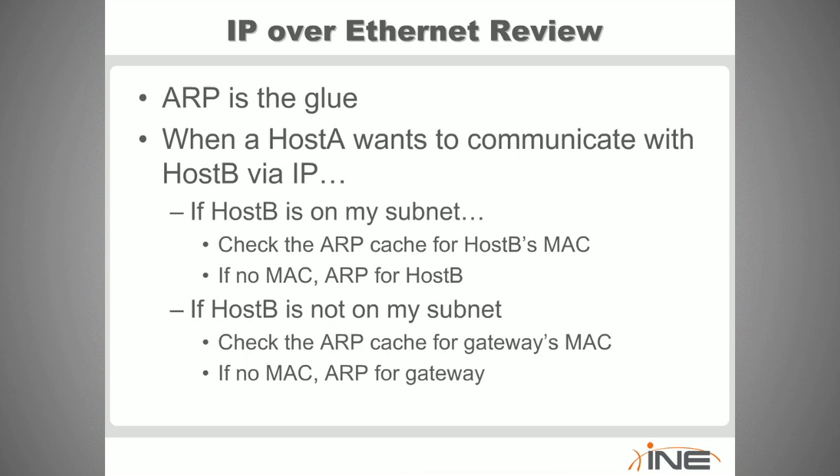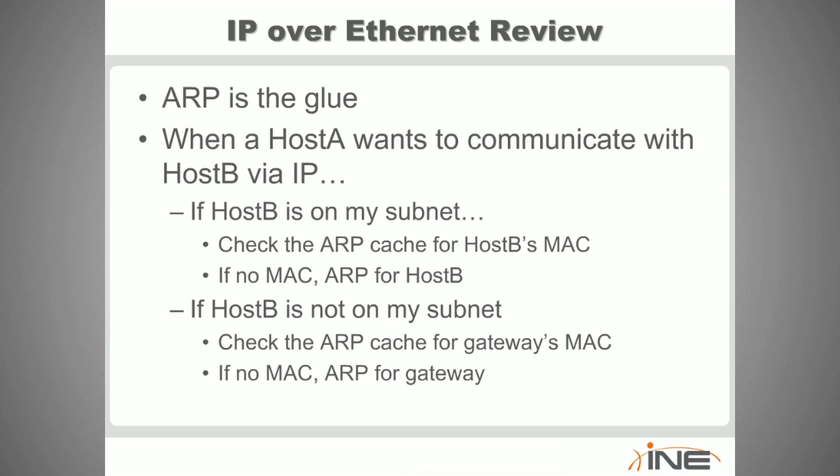Now, we will still be sending the layer 3 packet to host B. So the layer 3 IP address is going to be the final destination, but the layer 2 address will be the intermediary next hop. So it's going to be whatever router or layer 3 switch is on the same VLAN as host A. So in that case, we'll do either of two things.